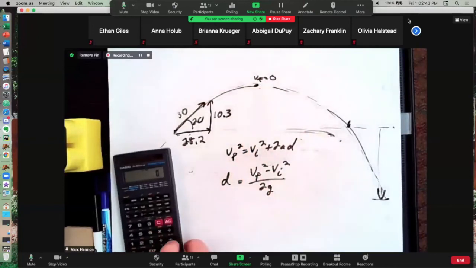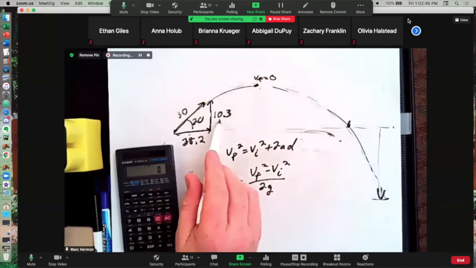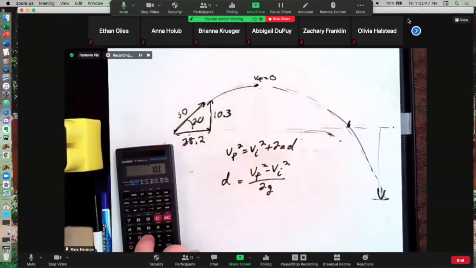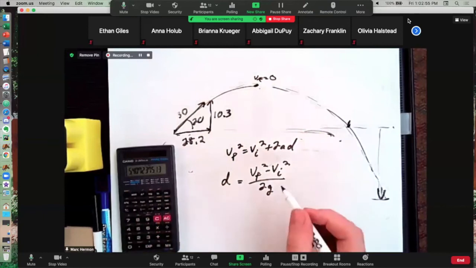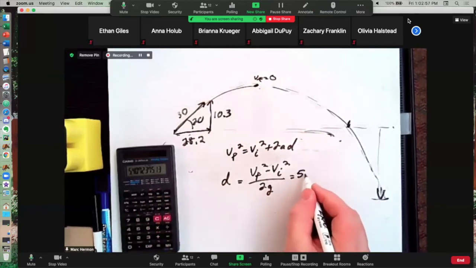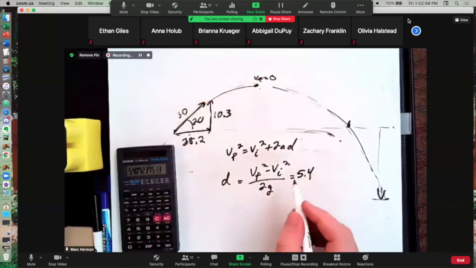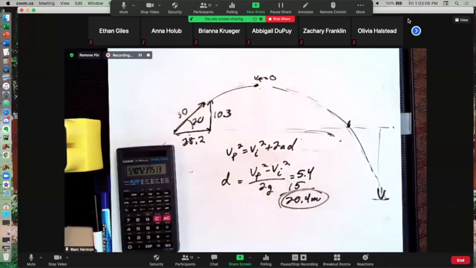So 0 minus initial velocity 10.3 squared. I'm going to divide that by 2, and divide it by negative 9.81. And I get a D of 5.4. We're going to add on 15. Should be like 20.4 meters from the ground.